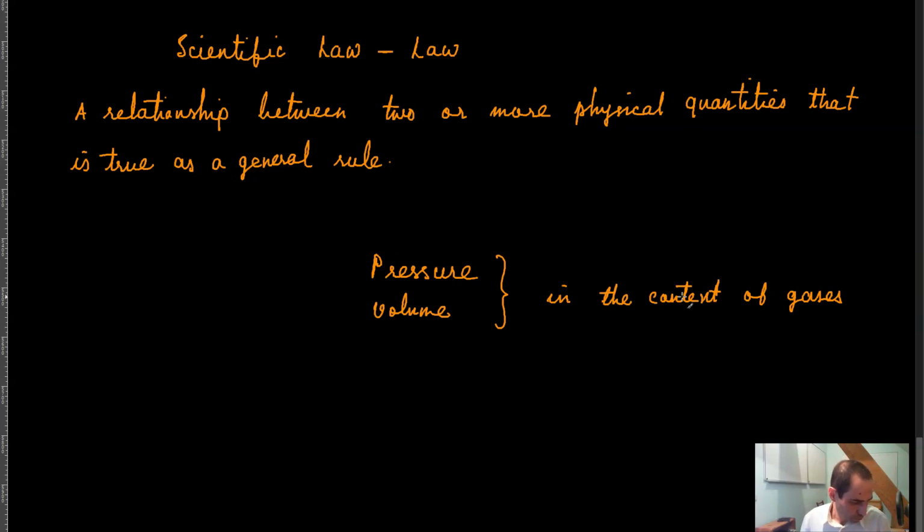Now, this has been true in the case of almost any kind of gas that we knew all around us, and so we could say with all certainty that this rule applies to all gases that we could find, right? And so for the same reason, they have called it a scientific law.